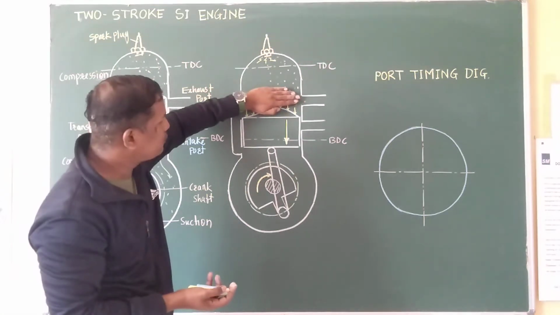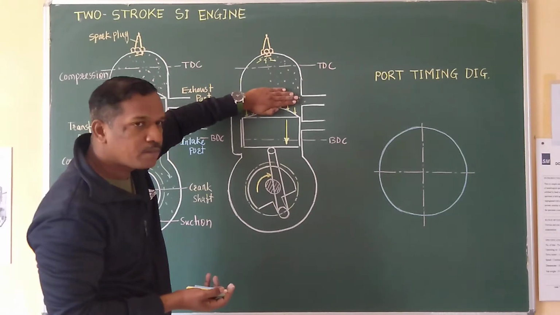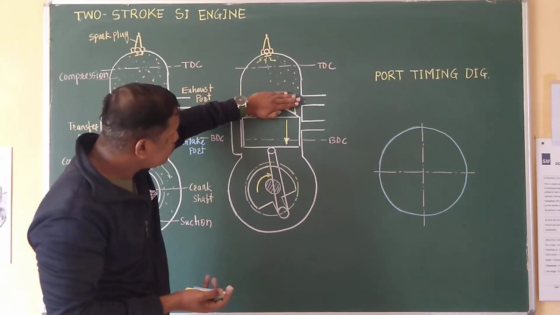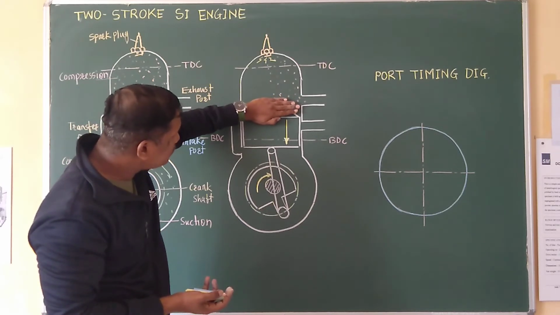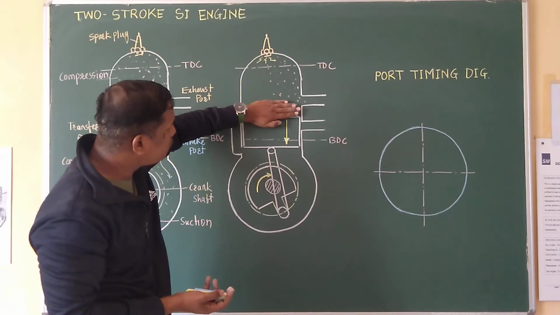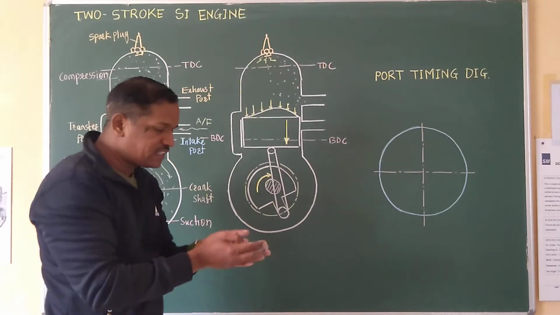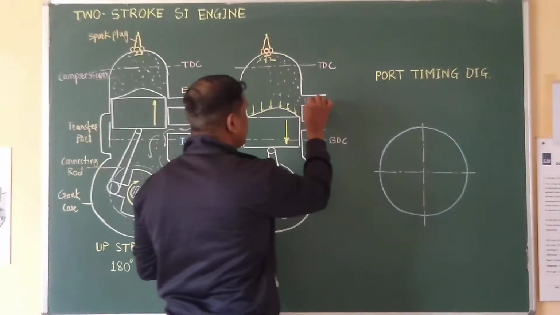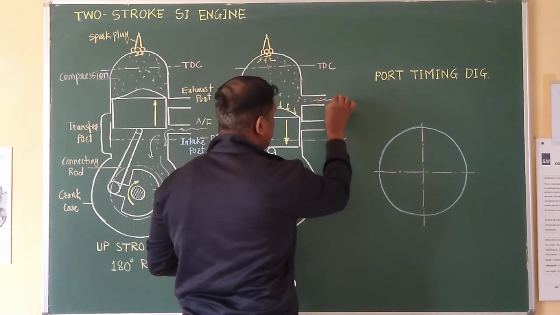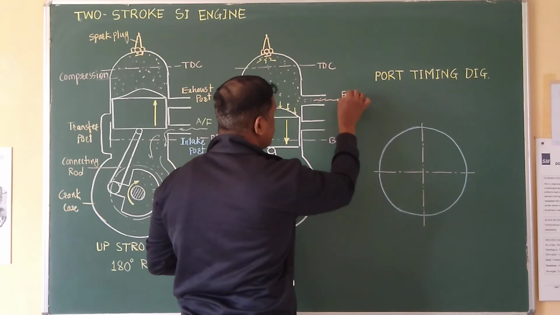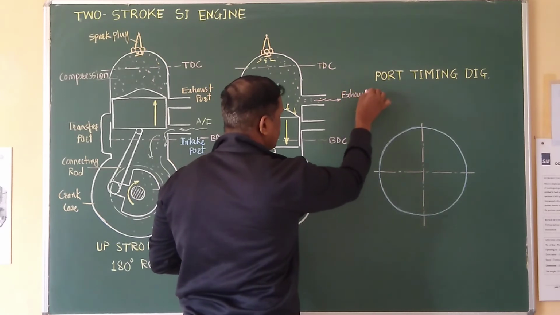Now what about exhaust? The exhaust gases are trying to expand, and during expansion they apply force. So imagine the piston is here. After burning, the expansion of gases tries to push this piston down.